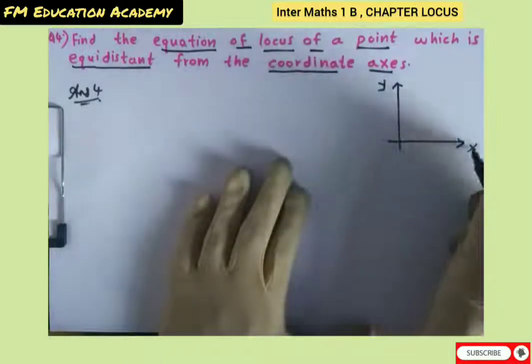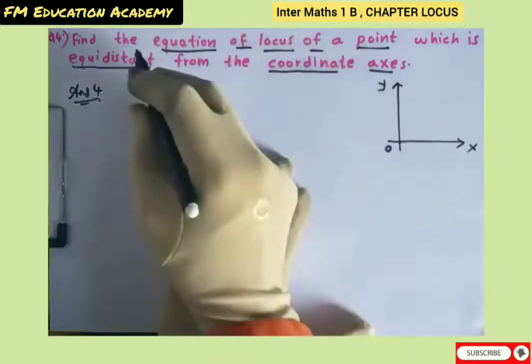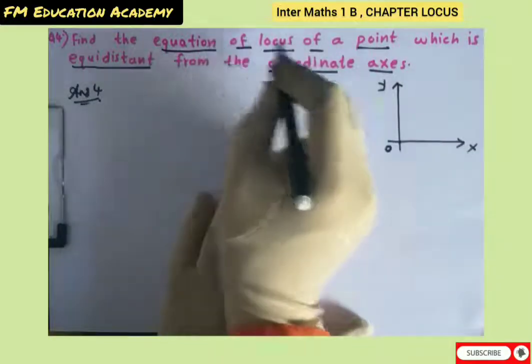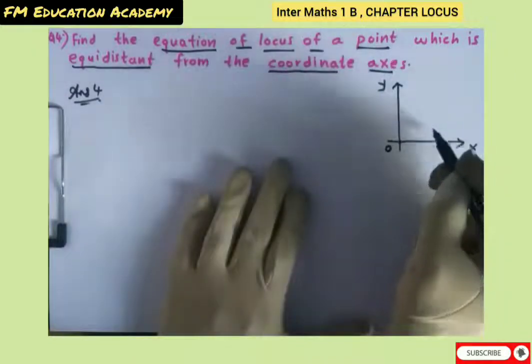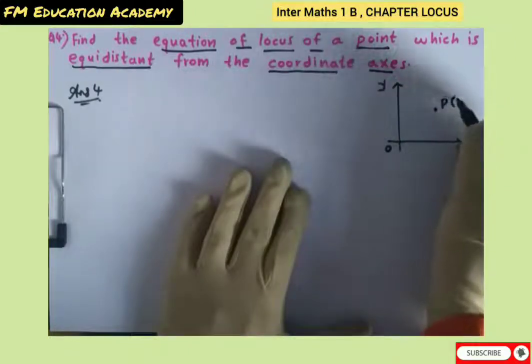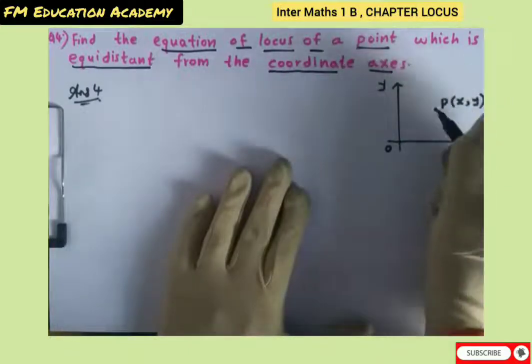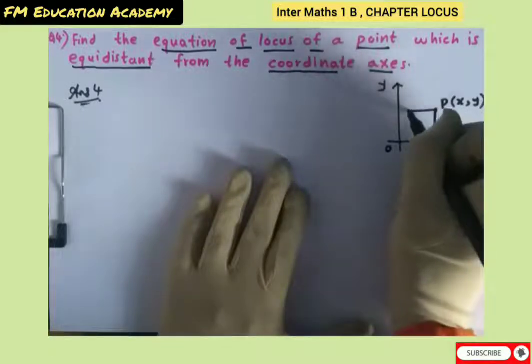So this is our x-axis and this is our y-axis, and let us suppose this is our origin. We have to find the equation of locus of a point that is located at equal distance from the coordinate axis. Let us suppose this is our point (x, y). Now this point is located at an equal distance from the x-axis as well as from the y-axis.